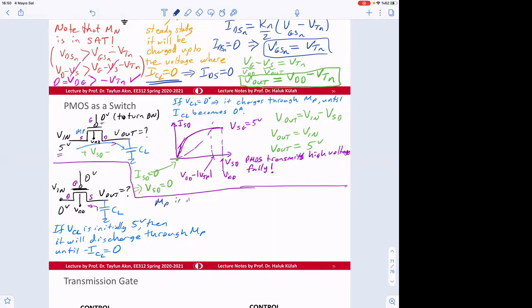MP is in SAT. Why? We can check if source to drain, what happens?